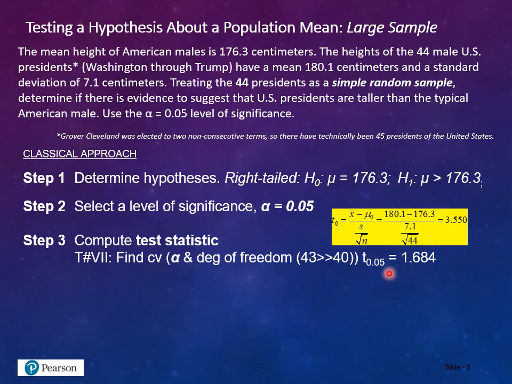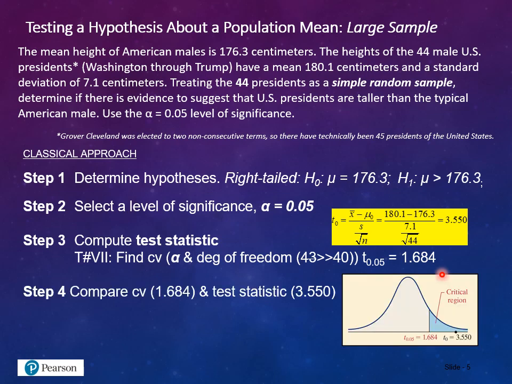So our t sub 0.05 crossed with a degree of freedom of 40. If you look in that table 7, you'll find that value is 1.684.